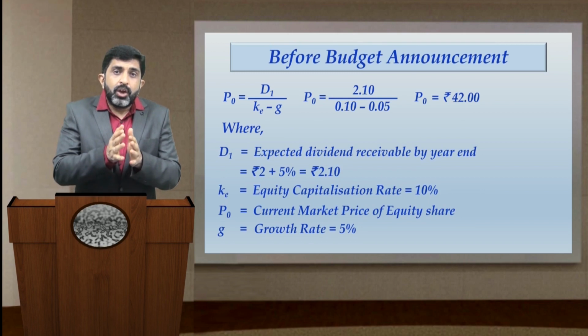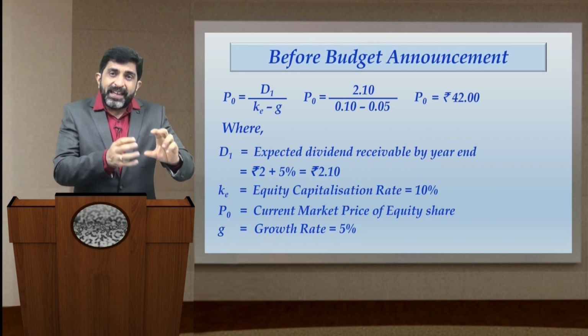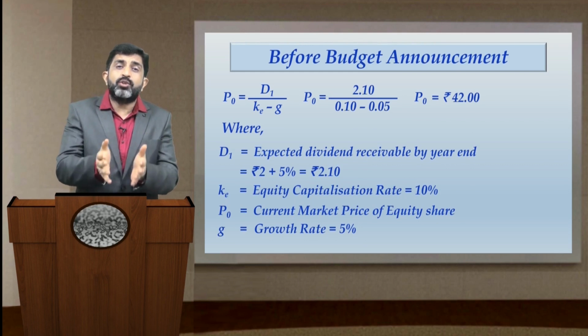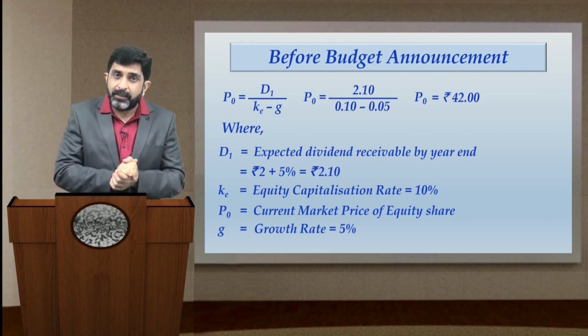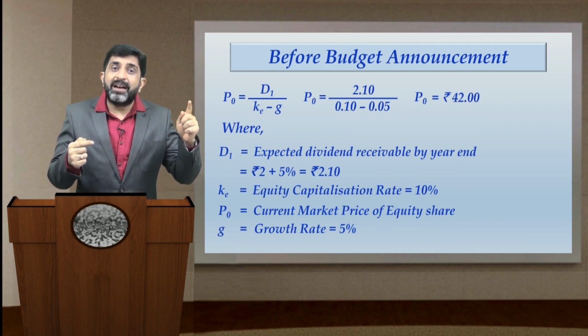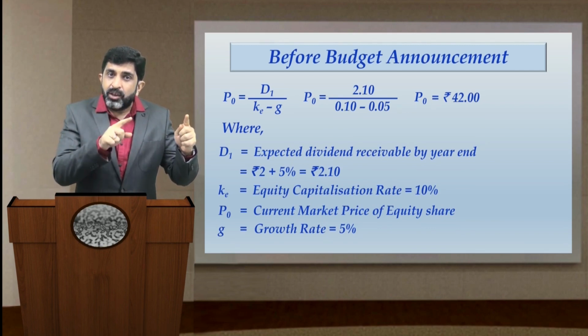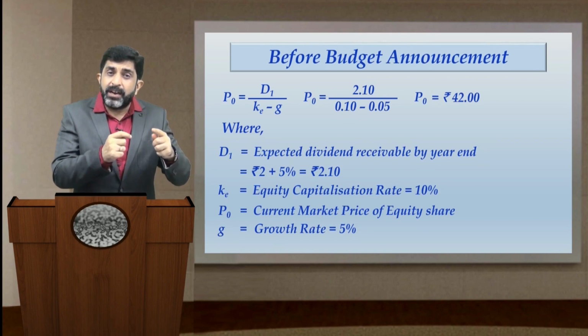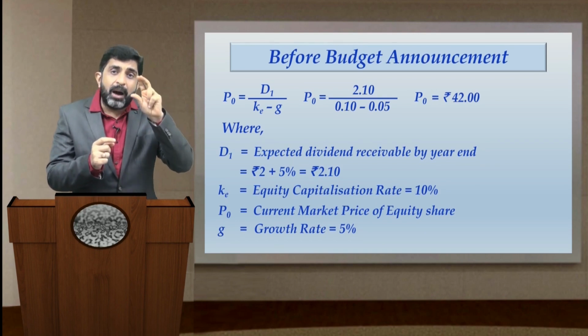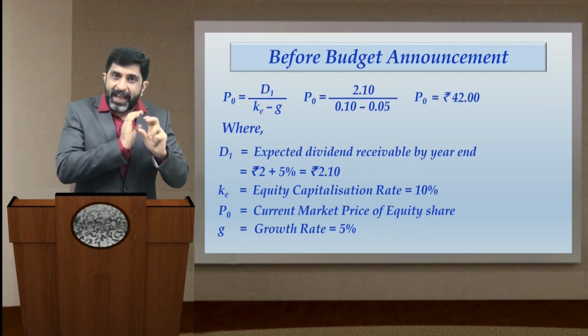Why? Because now this dividend is as good as a post-tax income, because it is not going to be subject to tax. So the simple point is, if the dividend was taxable, you capitalized the dividend with the pre-tax rate of 10% because the amount of dividend was before tax.